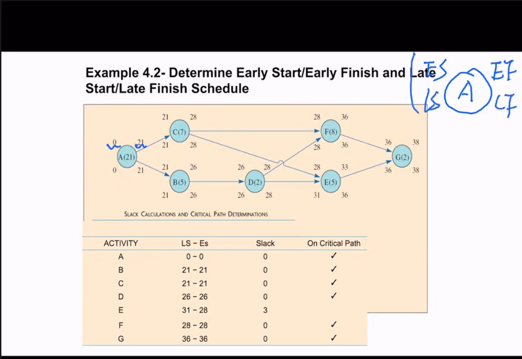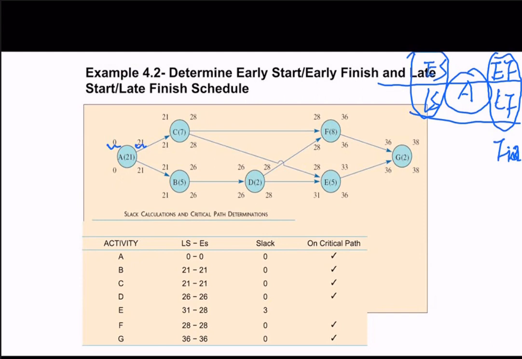So the left side will be the start time, and the right side will be the finish time. The above side will be the earliest time, and the below side is the late time. So this is what I want to mention.